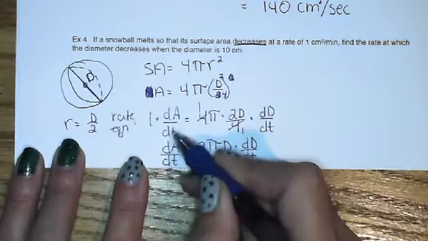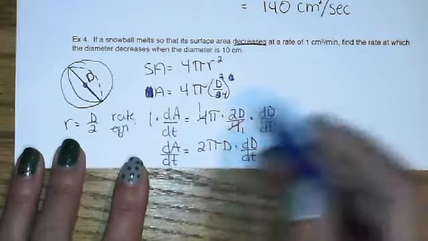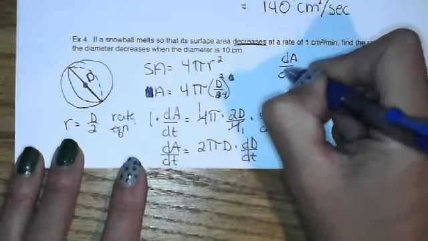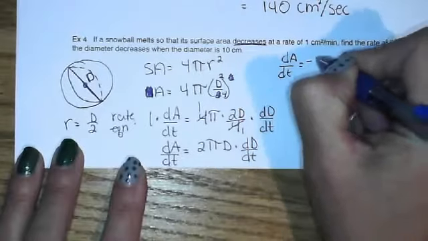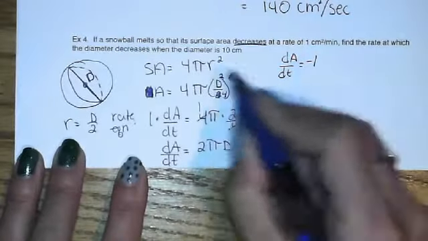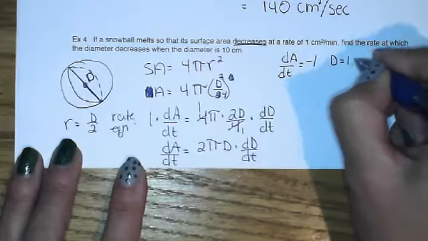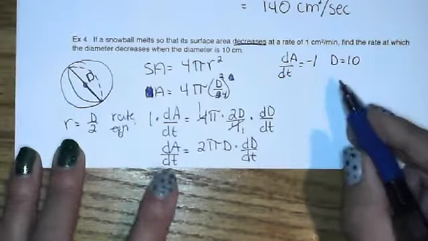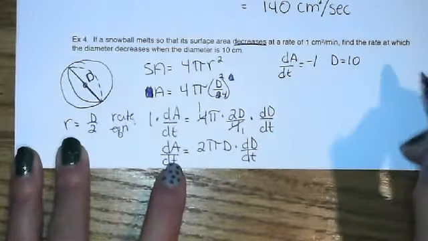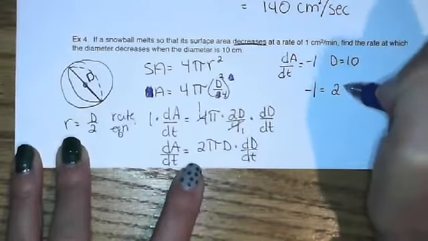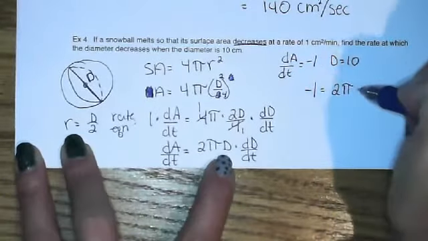The surface area decreases at a rate of 1 square centimeter per minute. Decreasing means I've got to put a negative on this rate when I put it in my equation. So dA/dt is going to equal -1, and the diameter is 10.